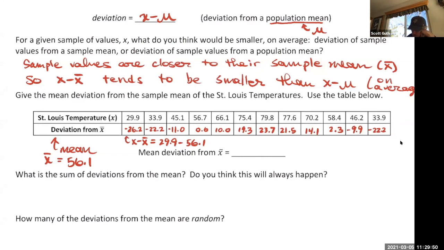Now, those are the deviations from the mean. We're trying to measure an average of the deviations from the mean. So it makes sense to take the mean deviation from the mean right now. So you would add these up, positives and negatives.